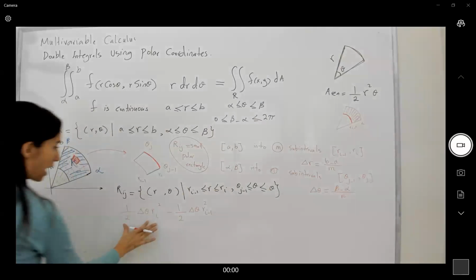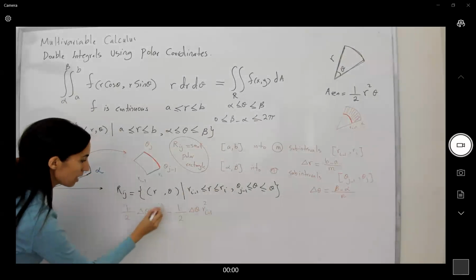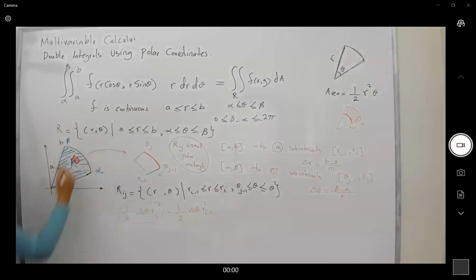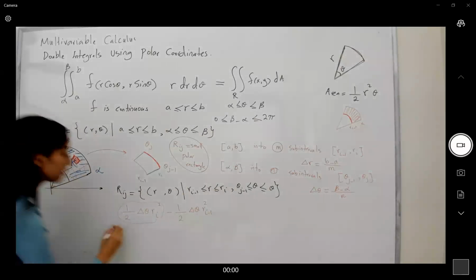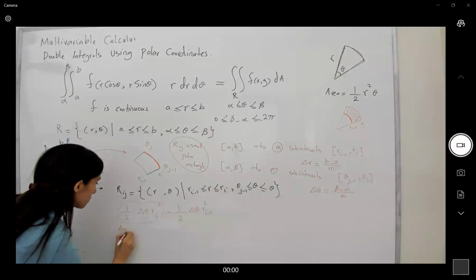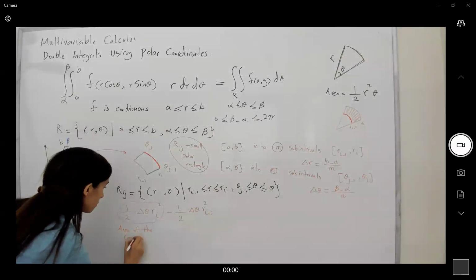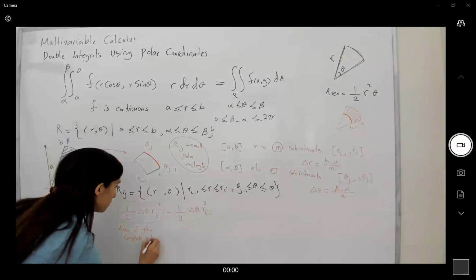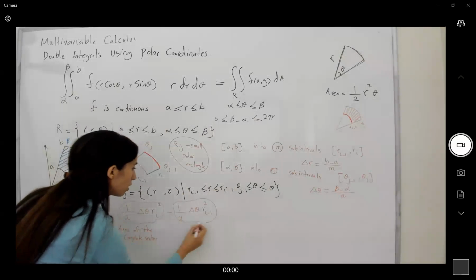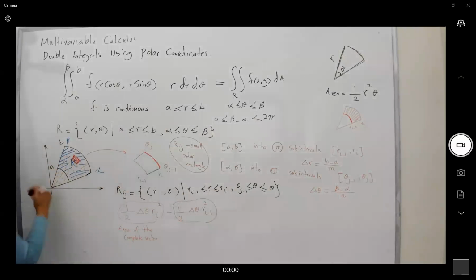This is the area of the complete sector and this is the area of the smaller sector.